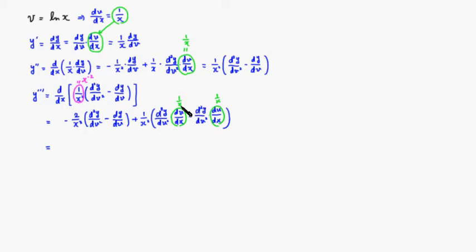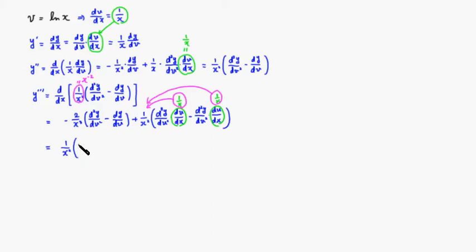You can see that we can pull these out, combine them, and you would have 1 over x cubed.